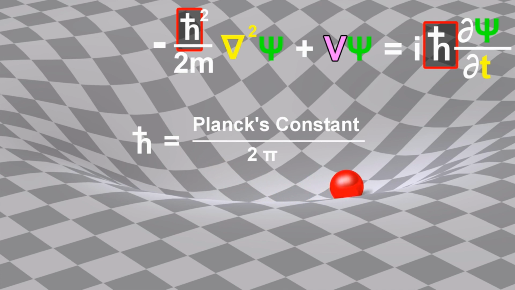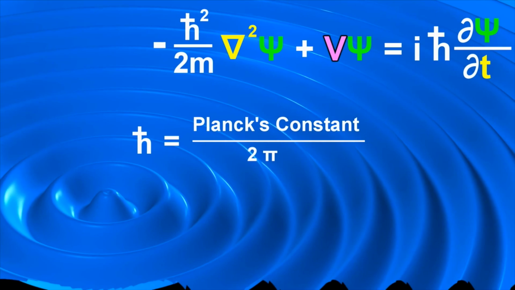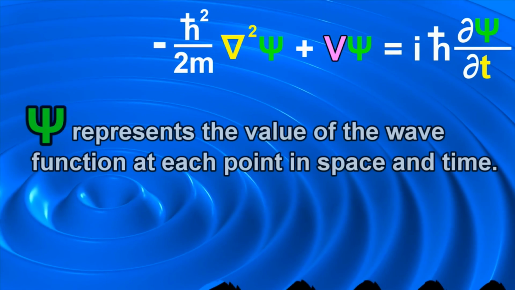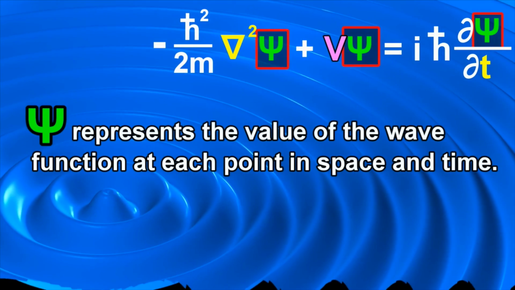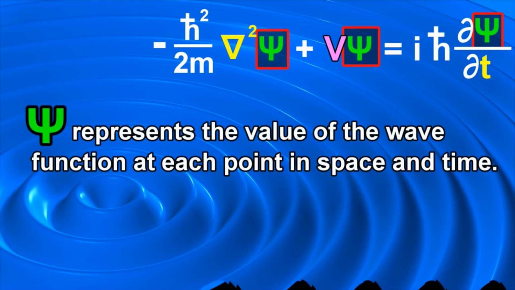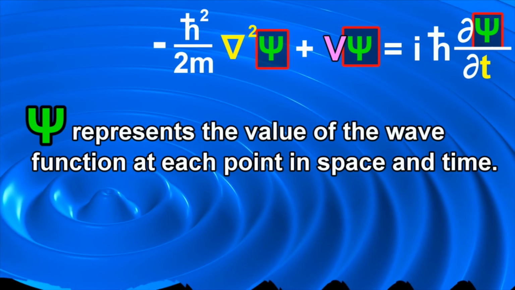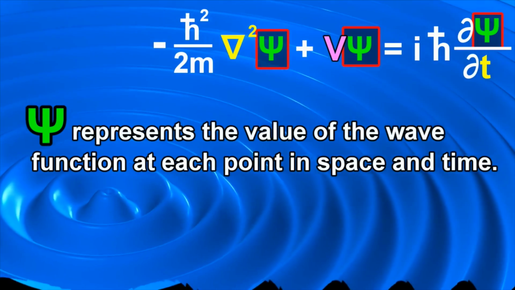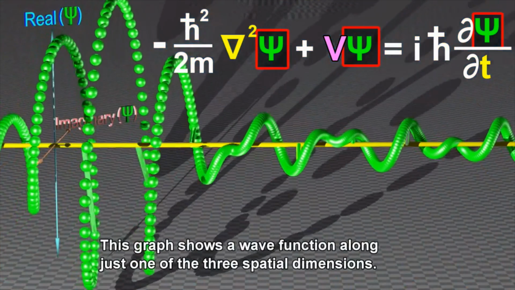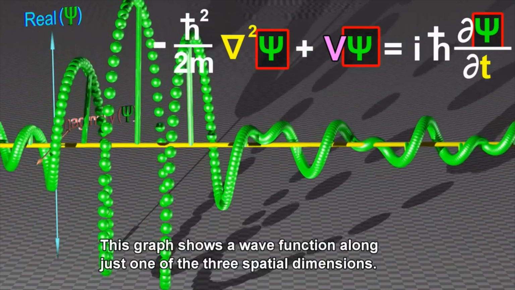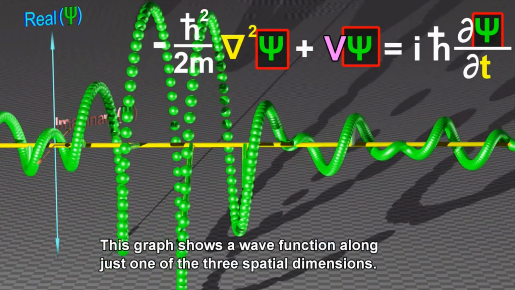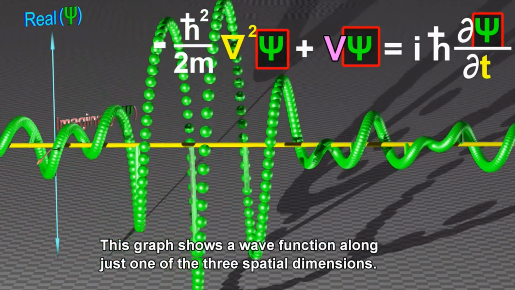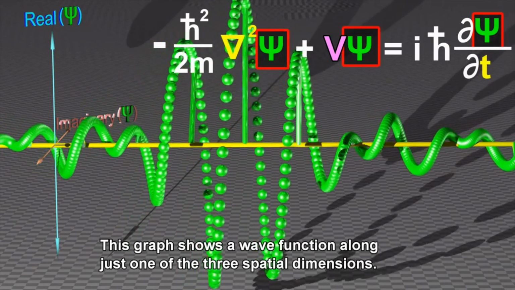Reduced Planck constant is Planck's constant over 2 times pi. Psi, which looks like a fork, represents the value of the wave function at each point in space at time t. This graph shows a wave function along just one of the 3 spatial dimensions.